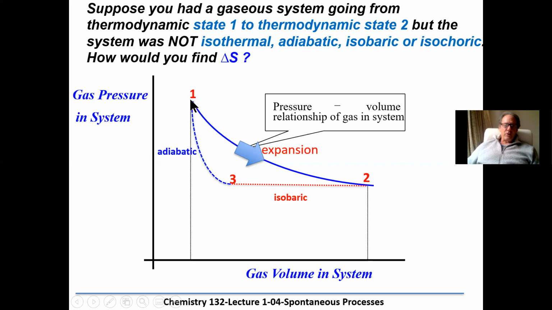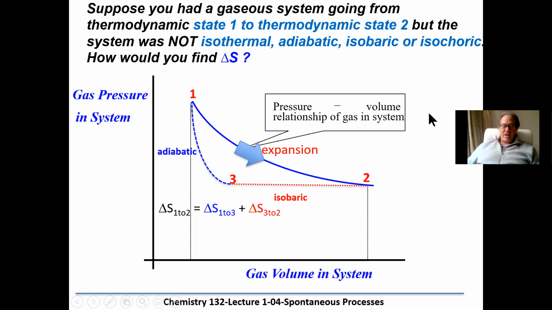Well, if we add the entropy change from 1 to 3 to the entropy change from 3 to 2, we have actually figured out what the entropy change is from 1 to 2, because it's a state function independent of path. So there's one way of doing it. Keep in mind, there's many different ways of solving these entropy changes, and you're basically left to your own devices to decide which path you want to take.